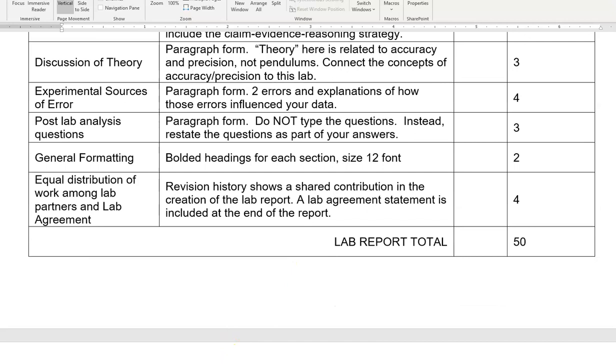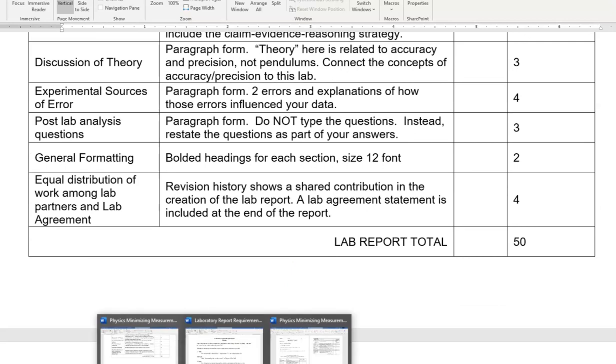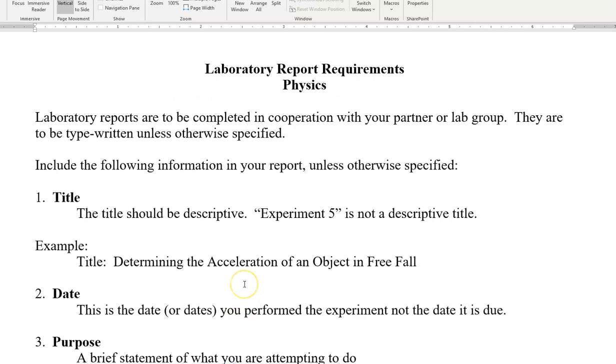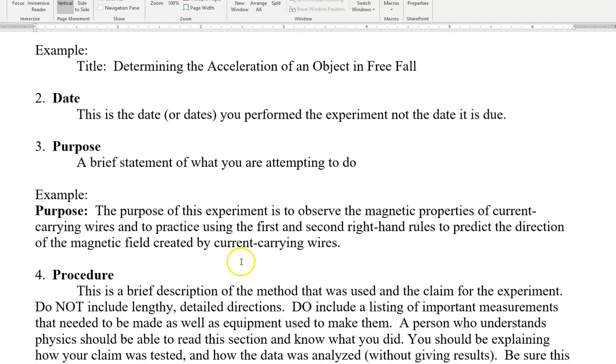The other thing I want to point out, if you're having trouble knowing what goes in each section, is you can look at that document called Lab Report Requirements. This is a more general document that you would use all year long.